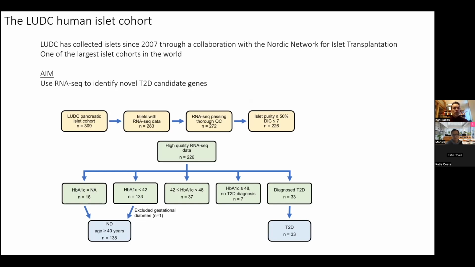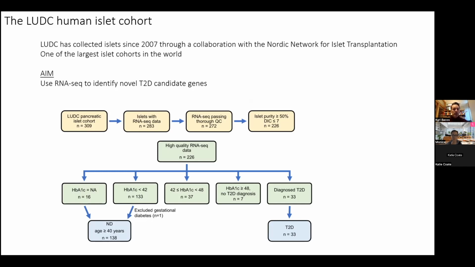We excluded some where the RNA sequencing data didn't pass our QC, and we also excluded islet preparations with a purity less than 5%, and islets that had been in culture for more than 7 days, which left data on 226 islet preparations. We further excluded donors with HbA1c in the pre-diabetic range.